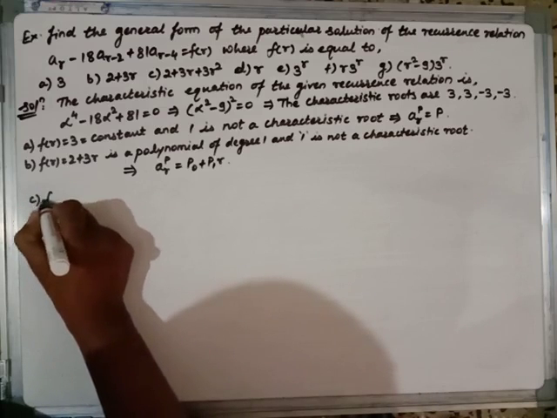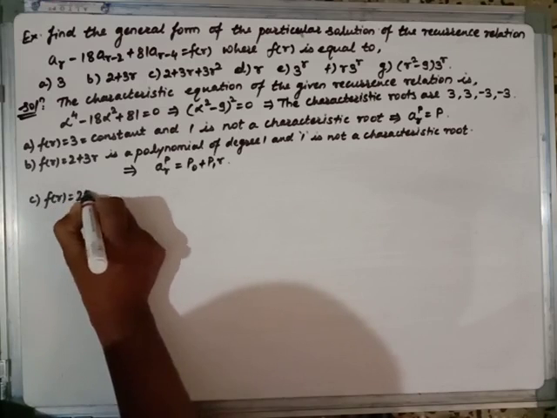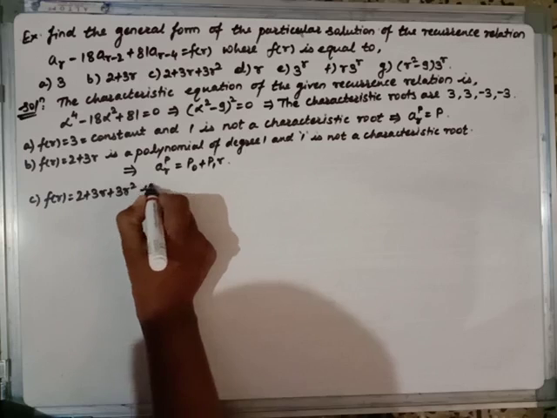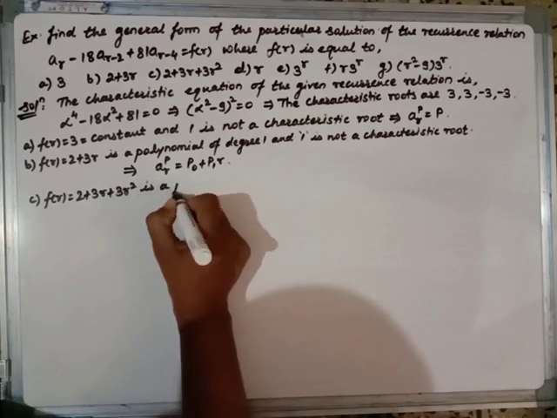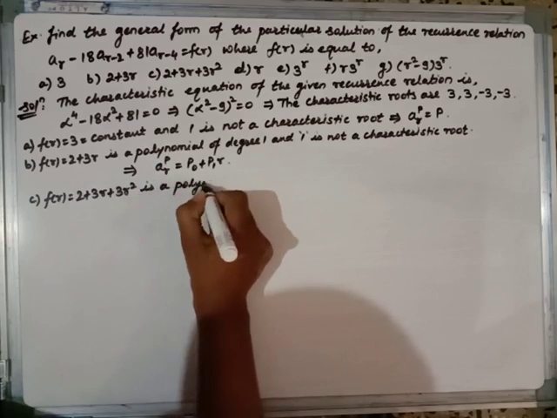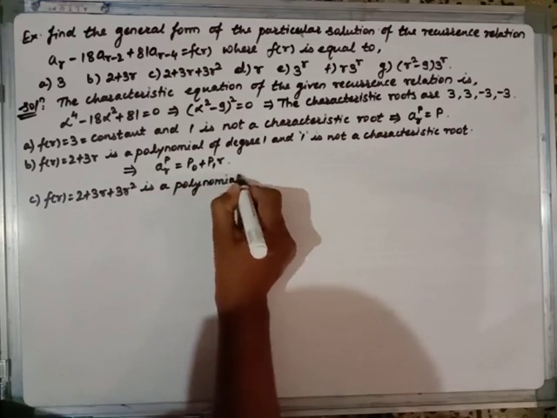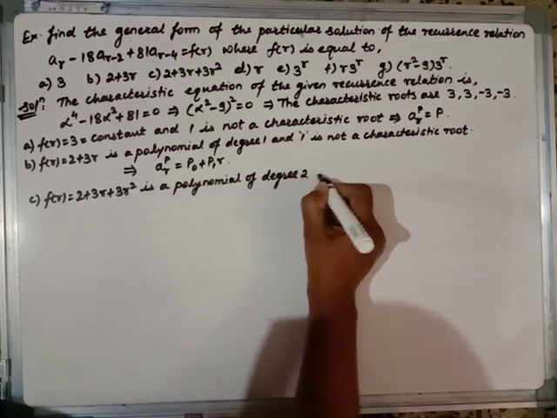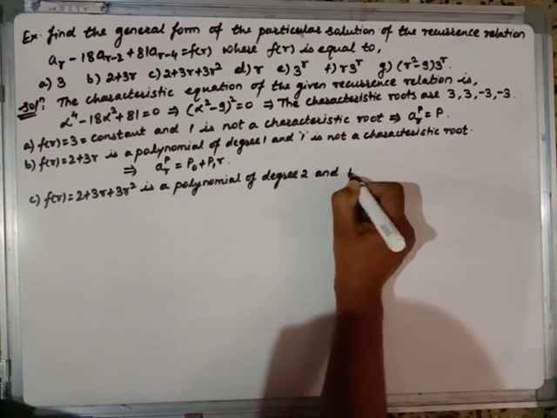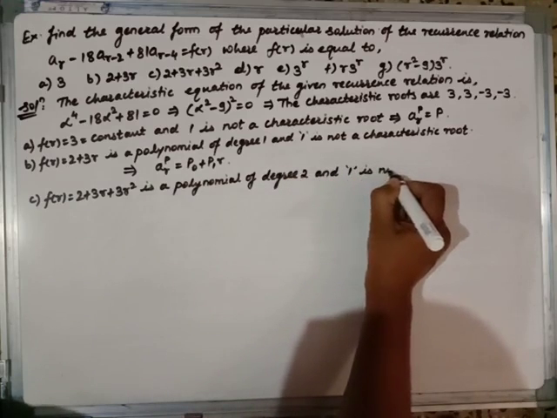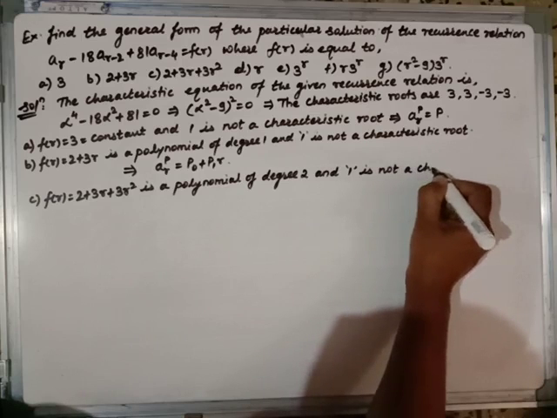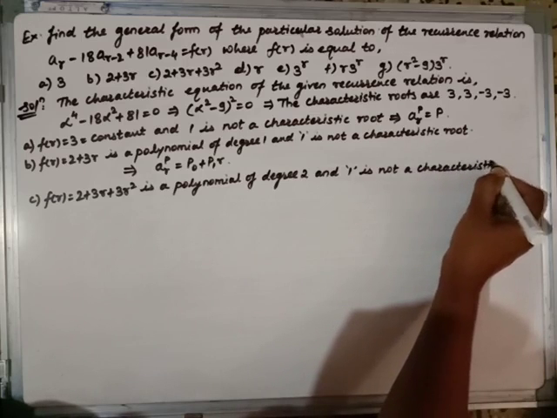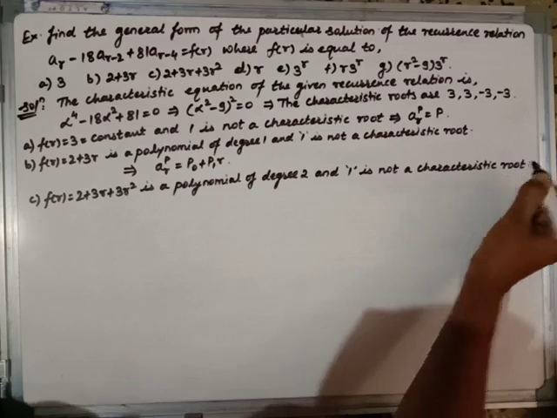Next, f of r is 2 plus 3r plus 3r square, which is a polynomial of degree 2, and 1 is not a characteristic root.